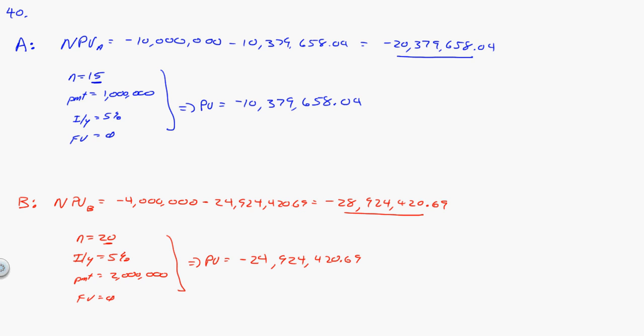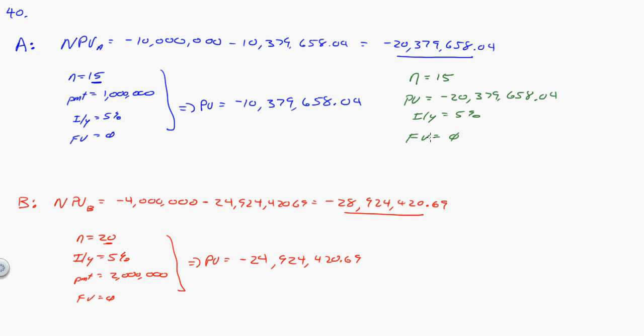So what do I do? I can come over here. I can say these things run for 15 years. Their present value, the cost of them today, is minus 20,379,658.04. Their interest rate is 5%. Future value is equal to 0.